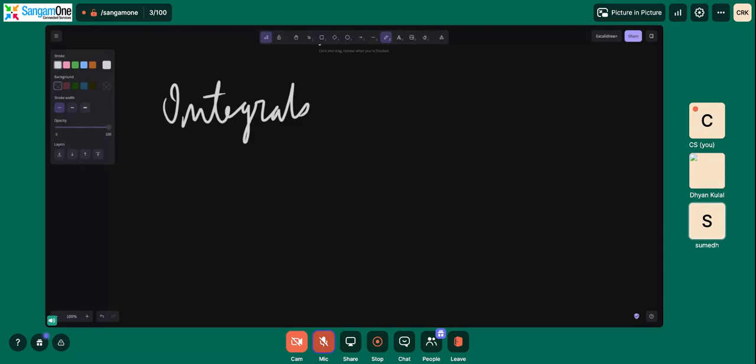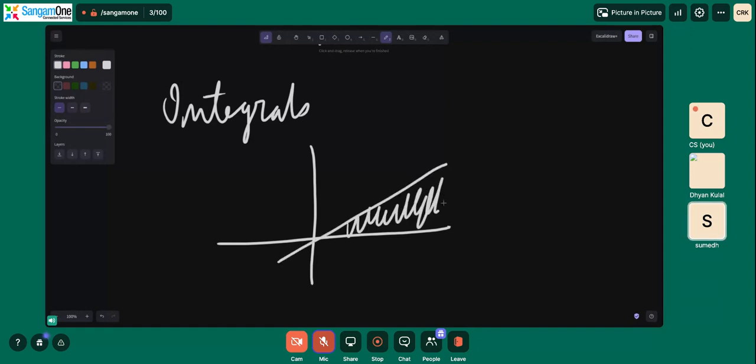Integral is used to find the area under the curve. Imagine there exists a function like this. If I want to find the area of this, the integral will help me find the area.